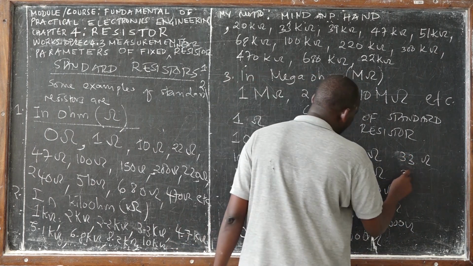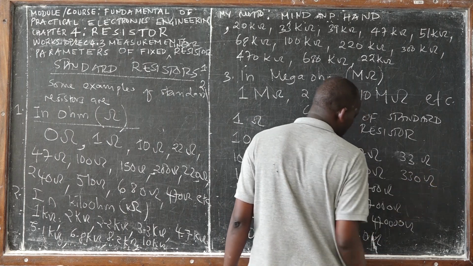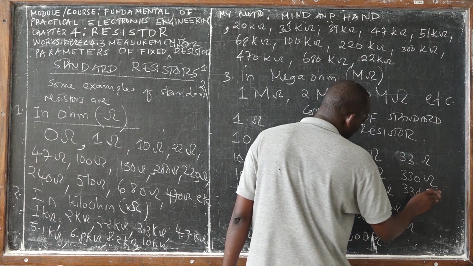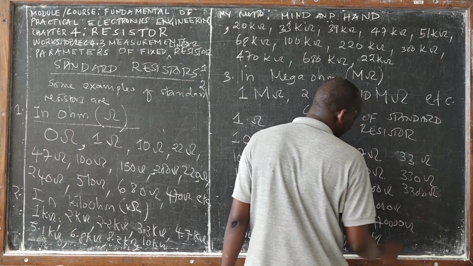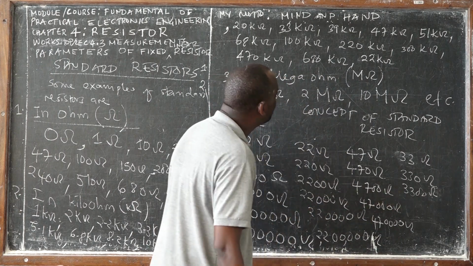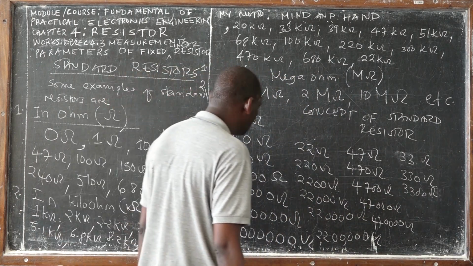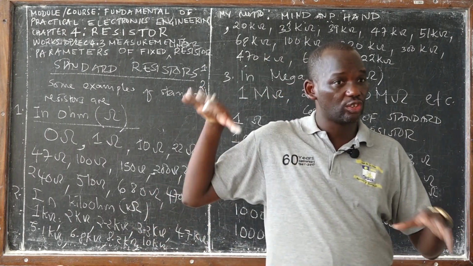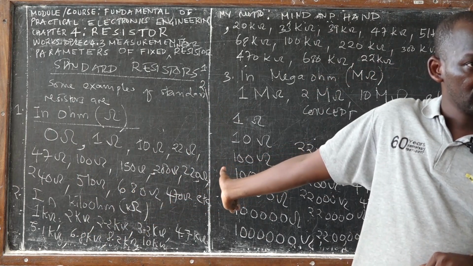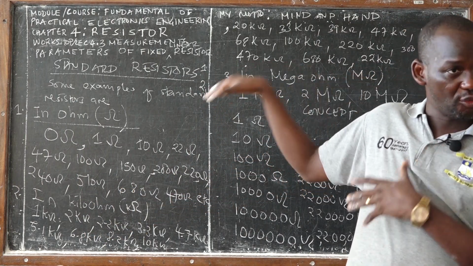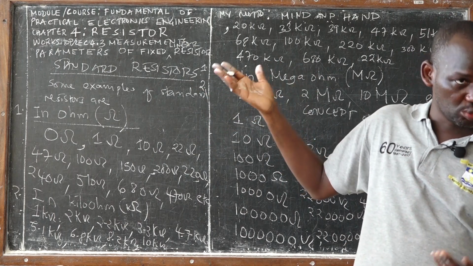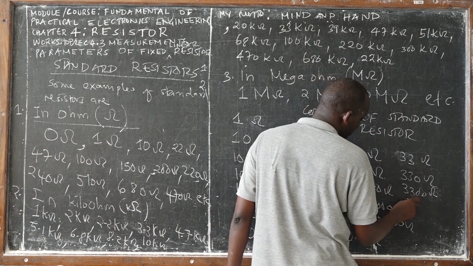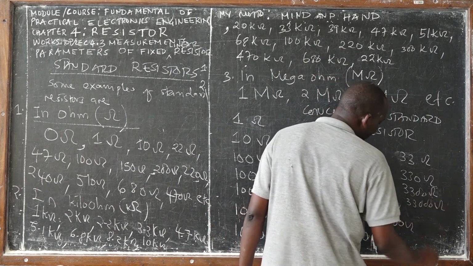Next is what? 330 ohm. Right? Next is what? 3,300 ohm. Right? Which is 3.3 kilo ohm. Do you have 3.3 kilo ohm? Yes. Remember that these are just some examples, not all the examples. So in case we write something we don't find in the examples, it means it's actually not included. And next is what? 33,000 ohm.